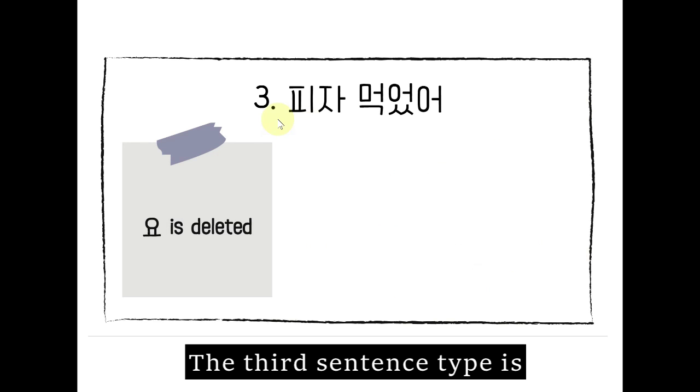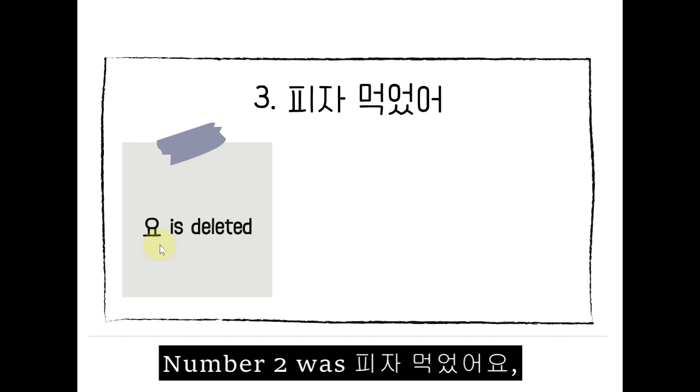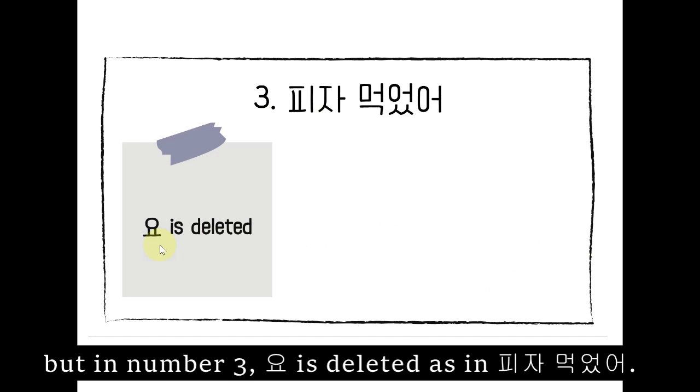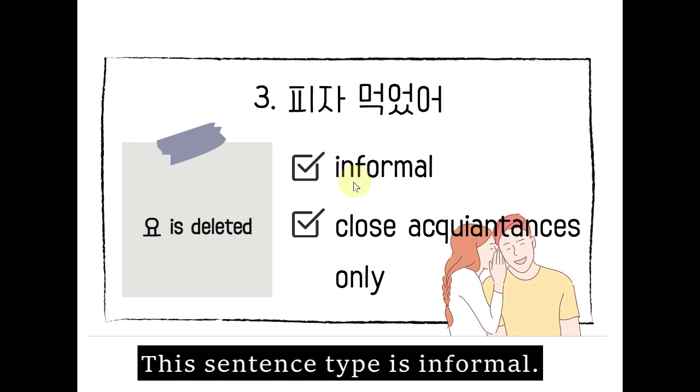The third sentence type is a shortened version of number 2. Number 2 was 피자 먹었어요, but in number 3, 요 is deleted, as in 피자 먹었어. This sentence type is informal.